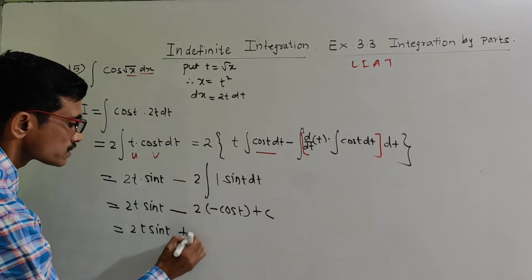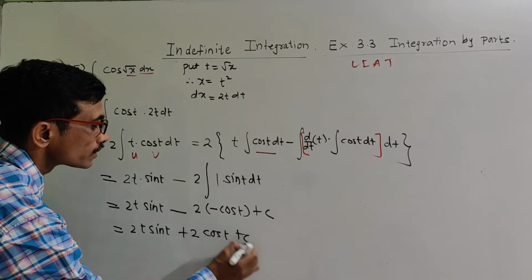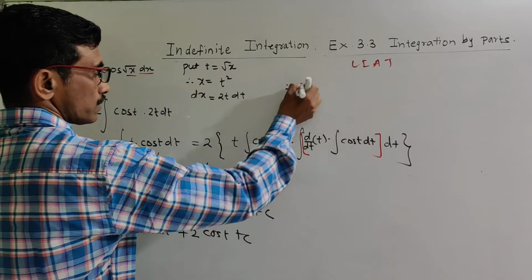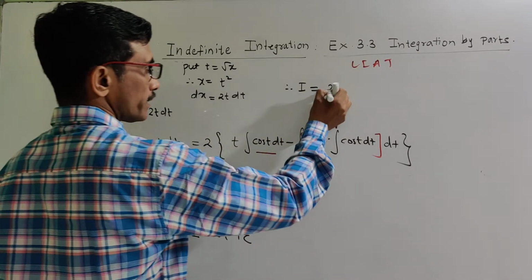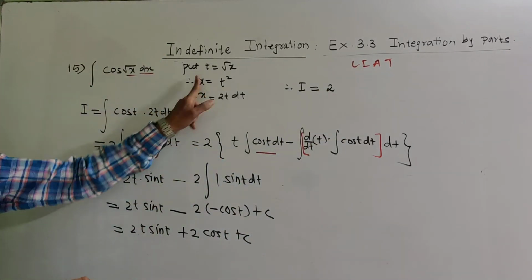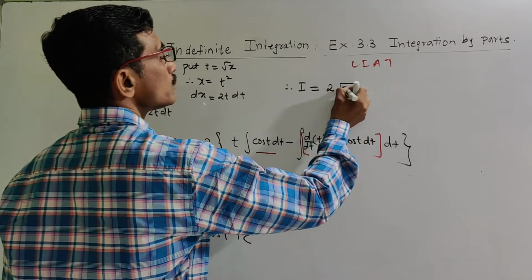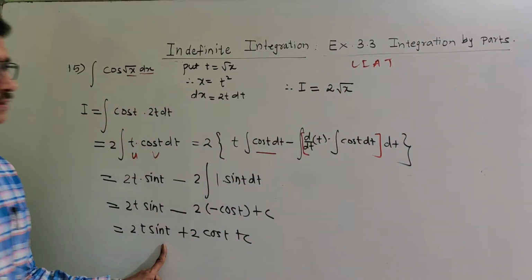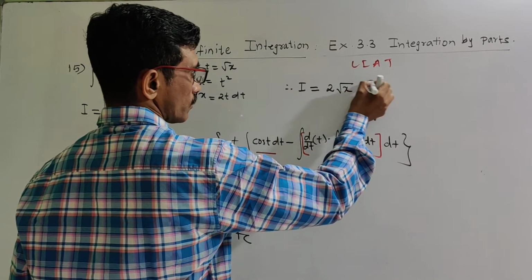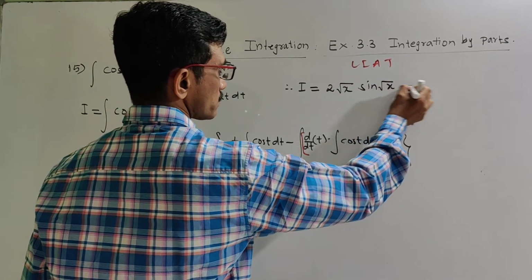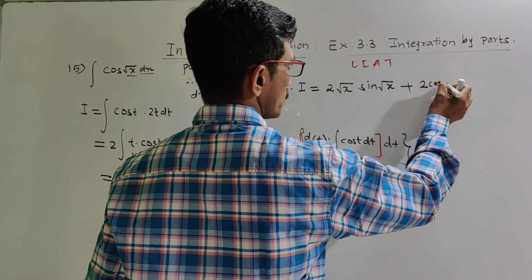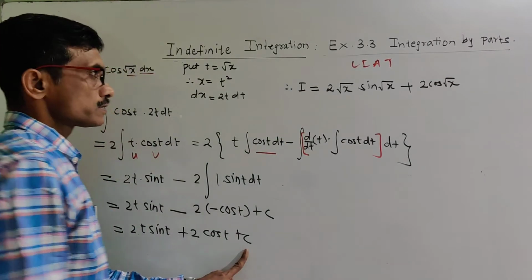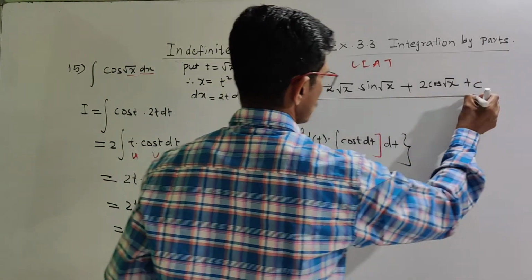This minus will be plus 2 cos t plus c. Therefore, integral I will be equal to 2t, t is equal to root x, so 2 root x sine of root x plus again 2 cos of root x plus c. This is the answer.